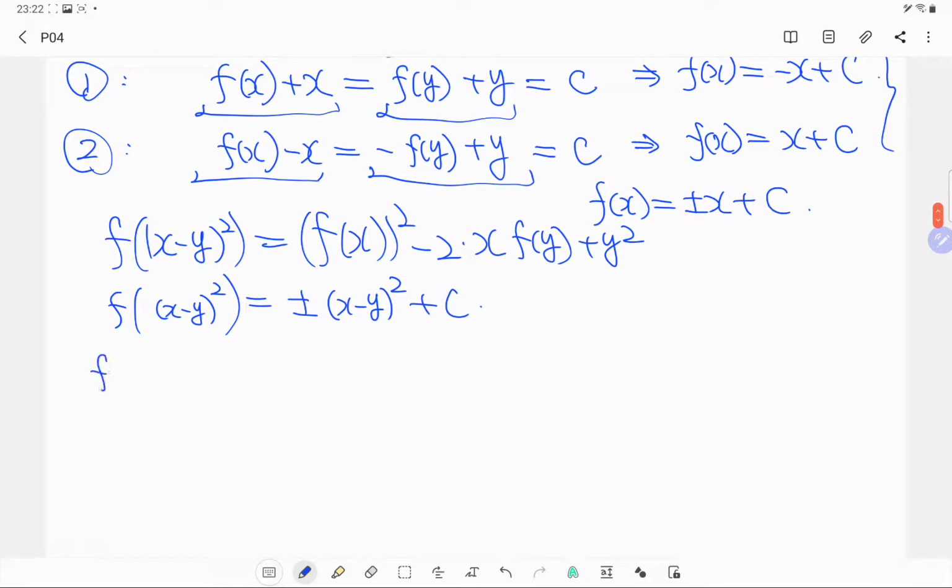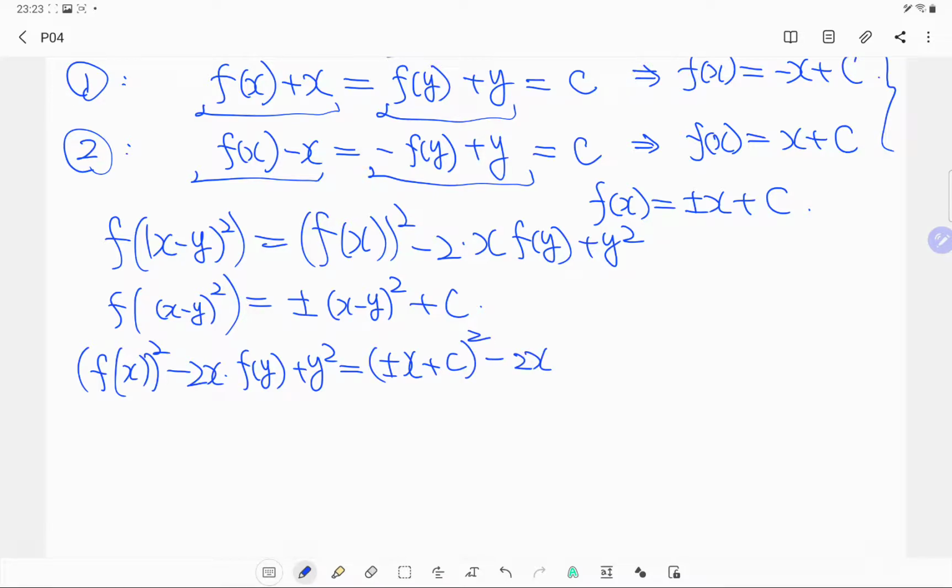For the right hand side, f(x) squared minus 2x f(y) plus y squared, with f(x) being plus or minus x plus c, gives (plus or minus x plus c) squared minus 2x times (plus or minus y plus c) plus y squared.